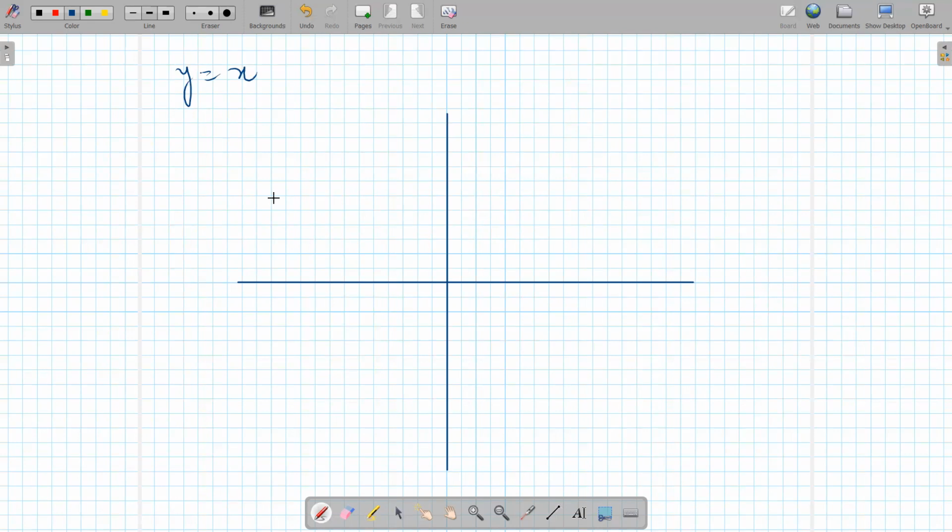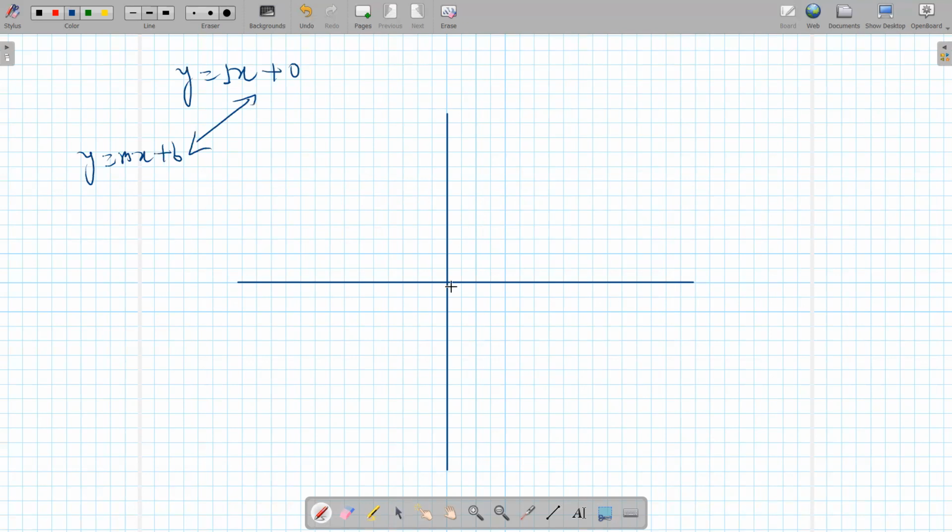How do you sketch a linear function? Where's the y-intercept? No? Here, I'll help you. Look at this. Compare this with this. What's our b? What's our y-intercept?